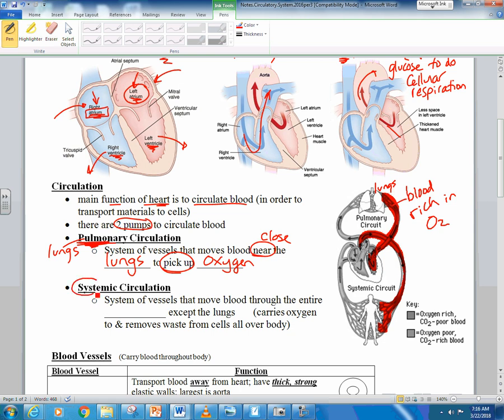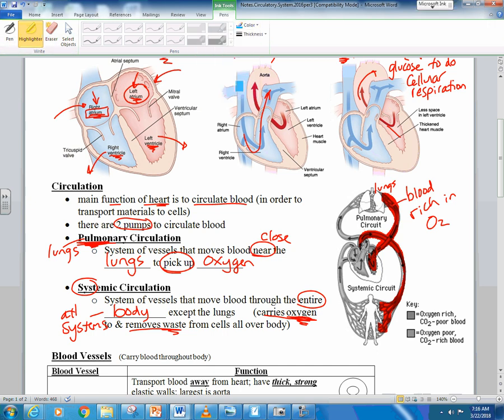The other system is called systemic. This is the system of vessels that moves blood through the entire body to all systems. The reason it needs to do that is because it wants to carry oxygen to all the other parts of the body. And it also wants to remove waste from those cells. So I'm going to show you here.